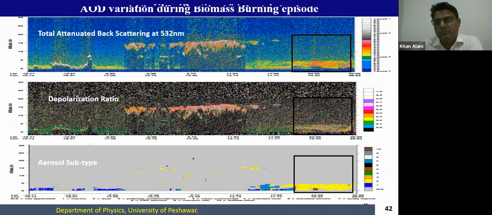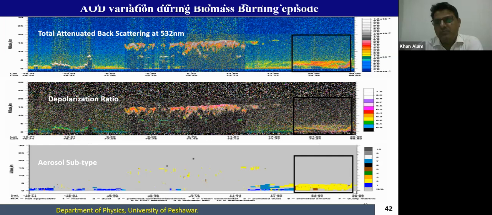We also use the vertical distribution from CALIPSO, which also provides us the classification of aerosol. The total attenuated backscattering shows that the smoke particles and the dust particles are dominant during the dusty days.